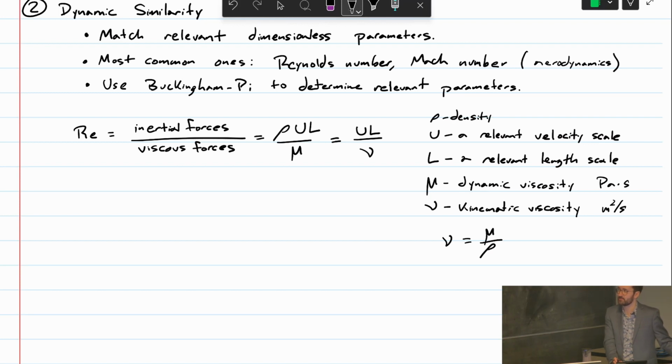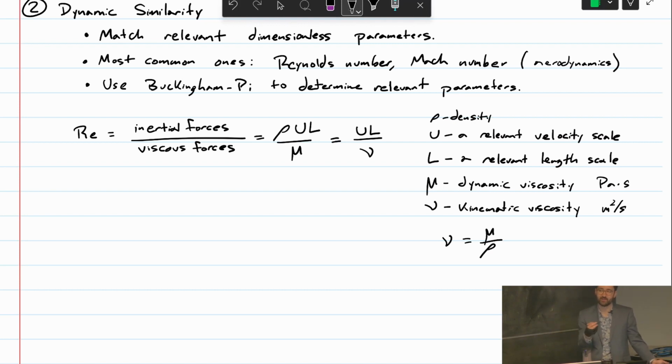Okay, so the hardest part I think to understand about the Reynolds number is what are these relevant velocity and length scales. It's going to sound like a trust exercise, but you have to trust that the choice of these is actually a little arbitrary, as long as you choose the same length scales on your full scale design. So if you say the relevant length scale for my airplane is the entire length of my airplane, for both my scale model and my full scale airplane, that's okay.